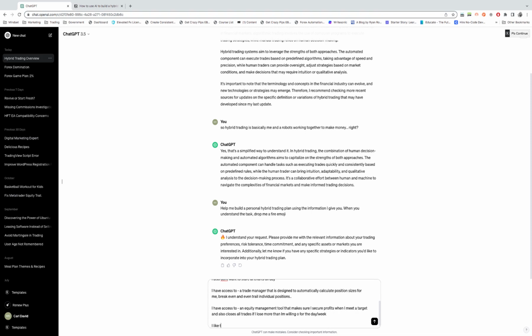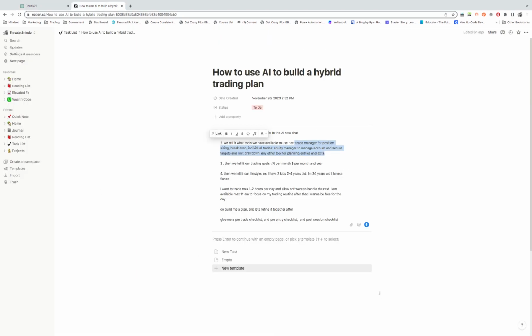I like to trade USD pairs because the DXY is easy to follow, right? Let me see what else. I just had some stuff in my notes.